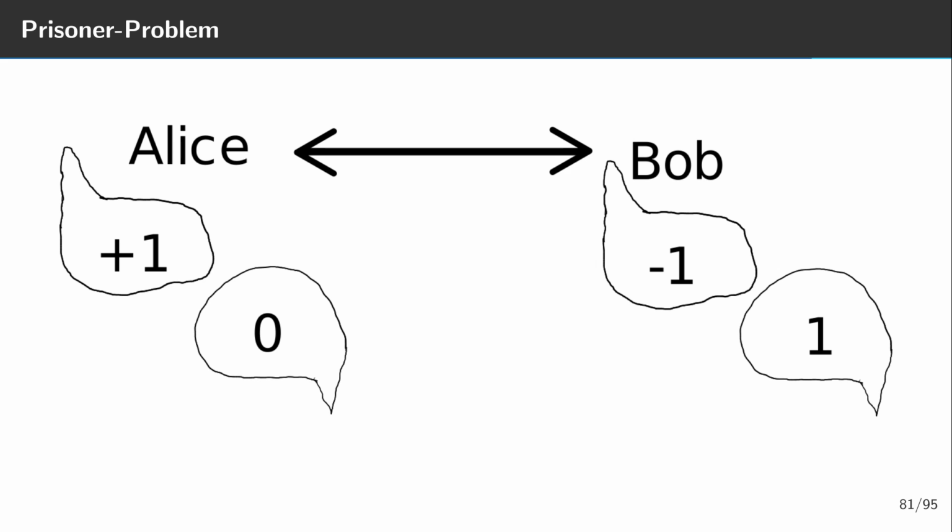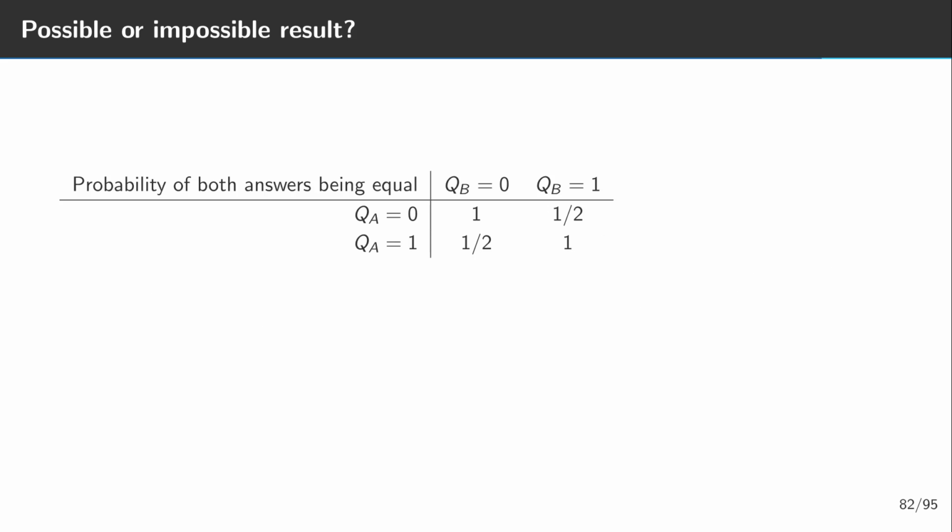Yes, and they can come up with a plan. So what they do is, they want to come up with a plan that produces this probability table. While they are together, they flip 2 coins. And then both of them note down what the result of those coin flips was.